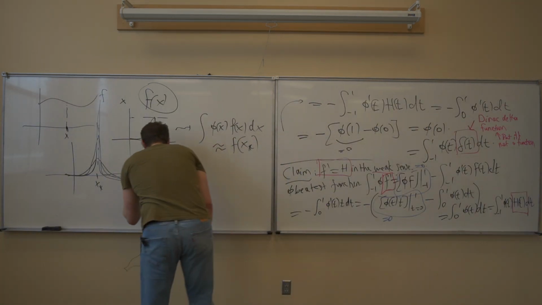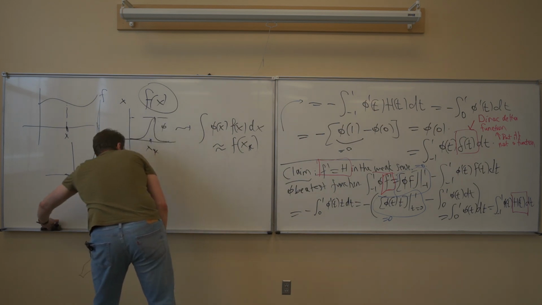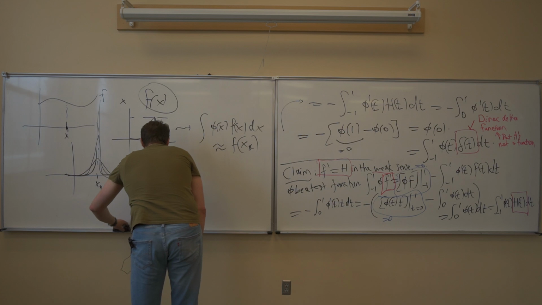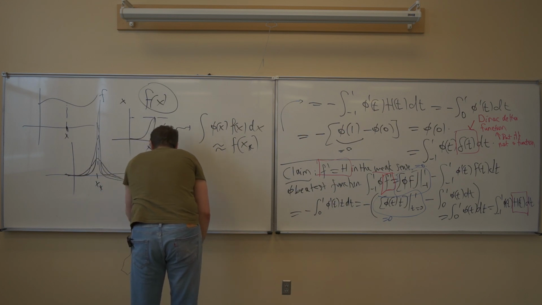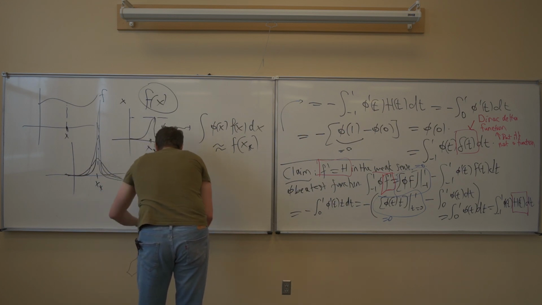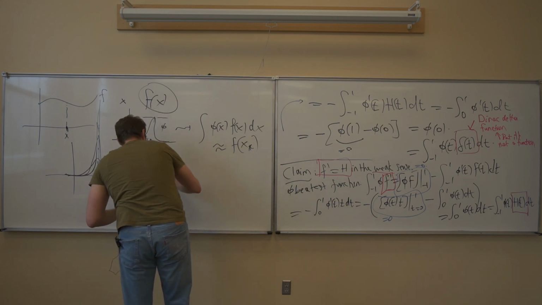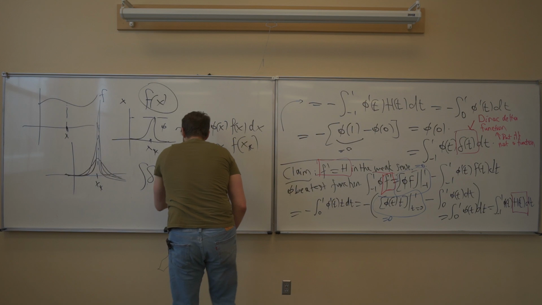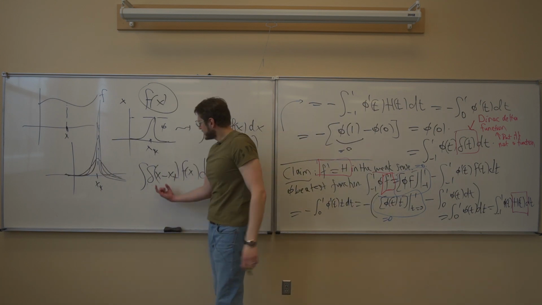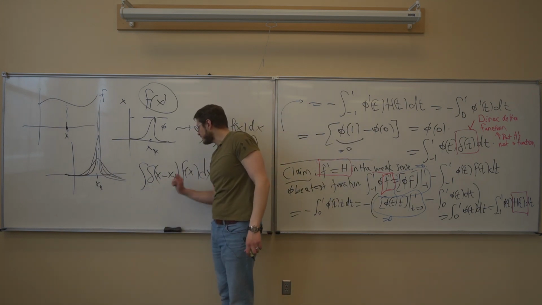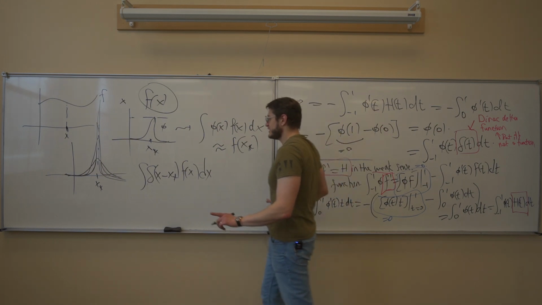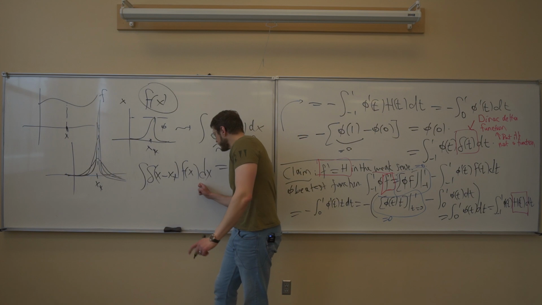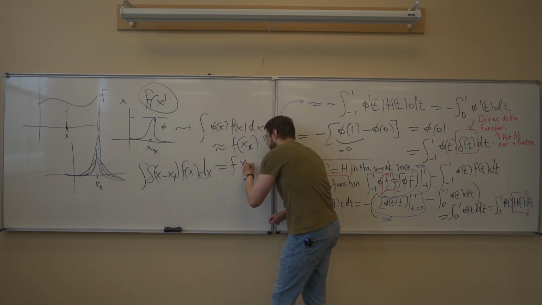So let me write it like this. Now, at this point, this delta of x minus x star is not a function anymore. It's a generalized function. But whatever it is, this integral has to equal f of x star.